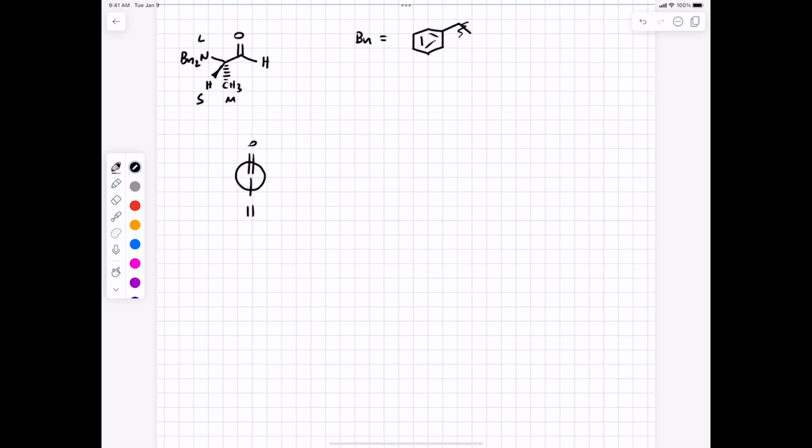So let's again put our noses in the plane of the page and look down the bond between carbonyl carbon and alpha carbon. Let's put that nitrogen here. Sorry, we have to do this in stages or else we might get it wrong. As currently drawn, the nitrogen is eclipsed with the oxygen, right? And then hydrogen would be here, and methyl group would be there. Does that make sense?